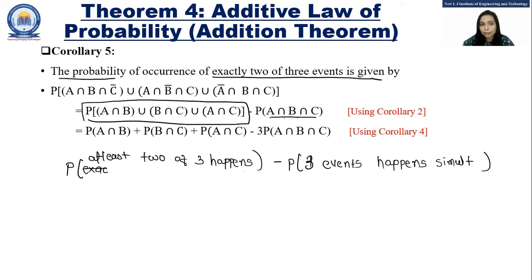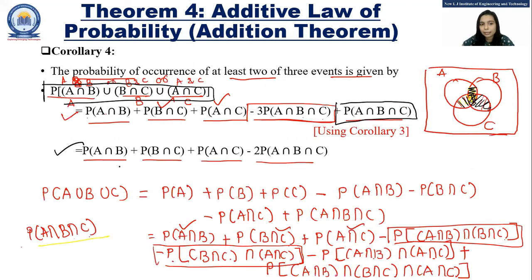Now we know that when we expand this equation, P of A intersect B union B intersect C union A intersect C, we will get this equation.